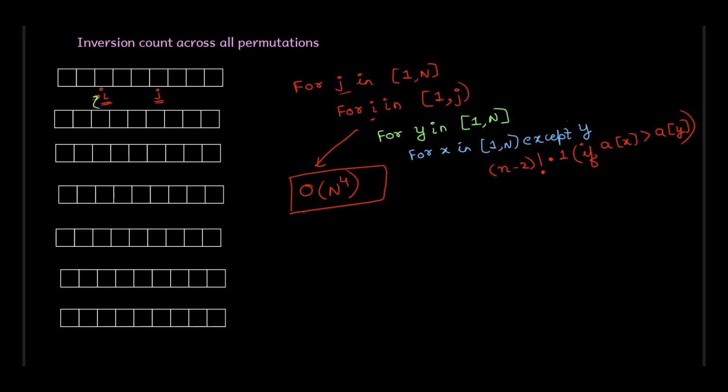Now let's look at how to optimize this time complexity. But before we do that, notice that we are defining the contribution as i, j, right? This is the contribution of a pair.